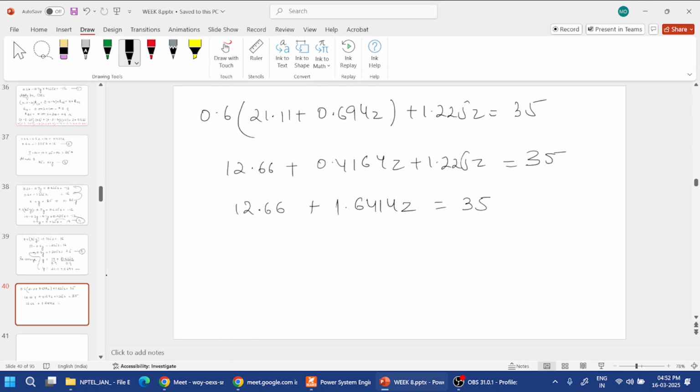If we solve it, let me solve it for you: the coefficient of z is 1.6414.